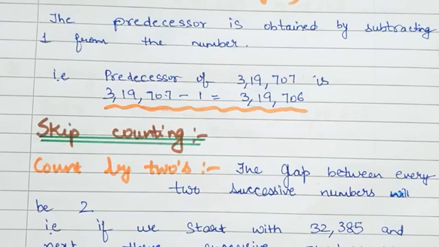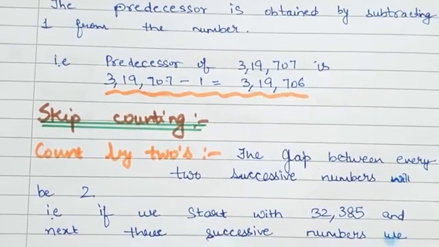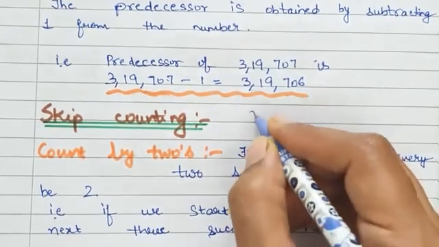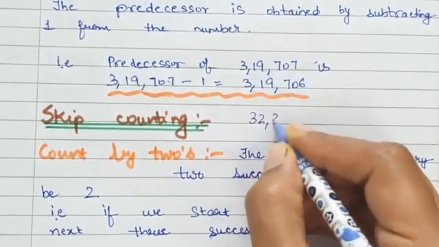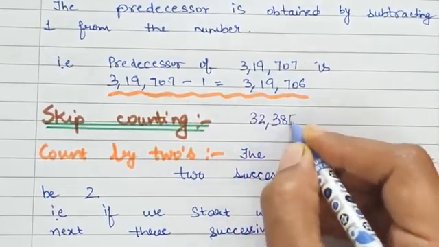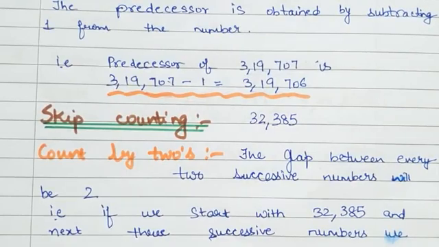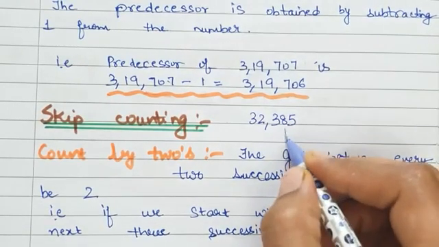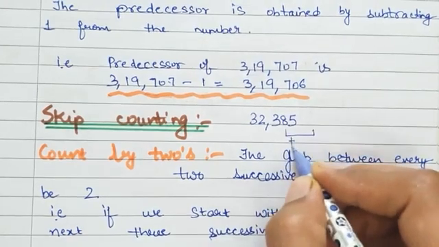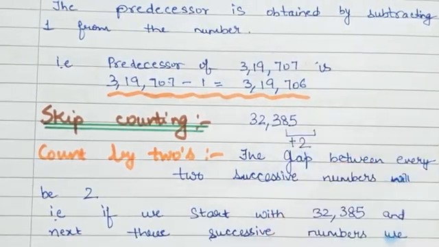That is, if we start from 32,385, and we are doing the skip counting by 2, it means every time we will add 2.